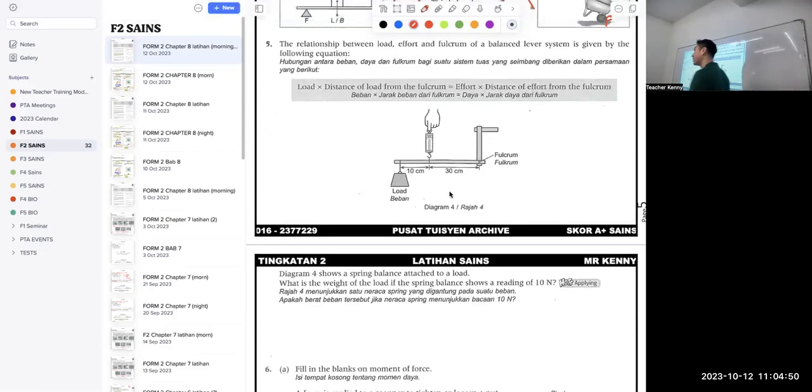I see if anyone can read the formula properly here. Number 5, formula given to you. Read the formula carefully. Okay. 7.5. Let's see the rest.